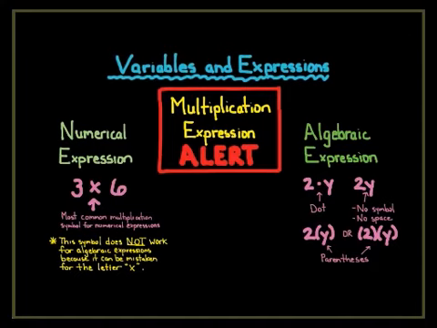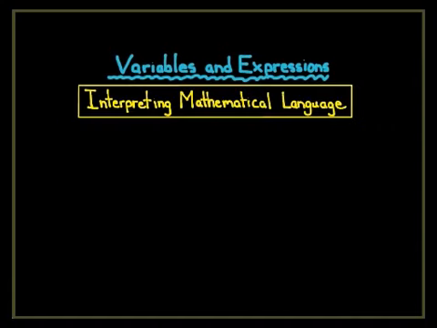Now that we have the little tidbit about multiplication taken care of, what we're going to move on to next is looking at how we can take math words and turn them into algebraic expressions. For example, let's say we see some math words like the sum of x and 3. How do we take those words and turn them into an algebraic expression?